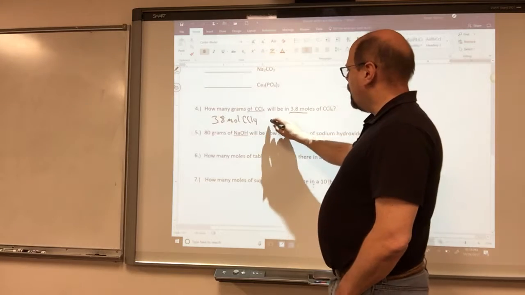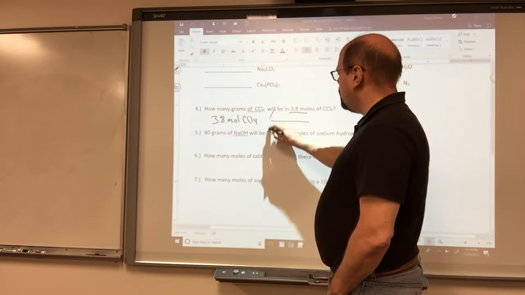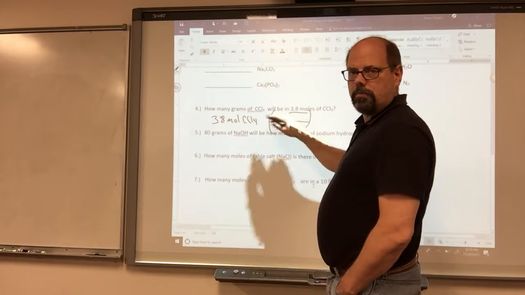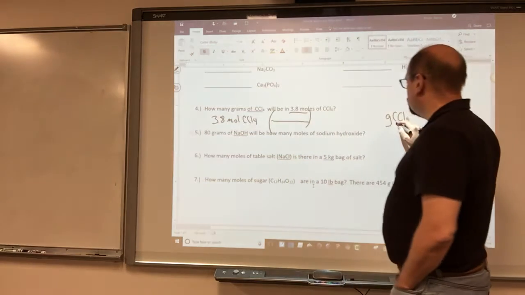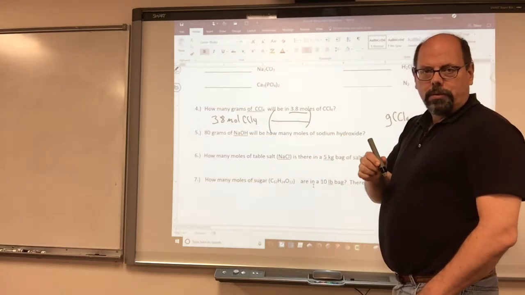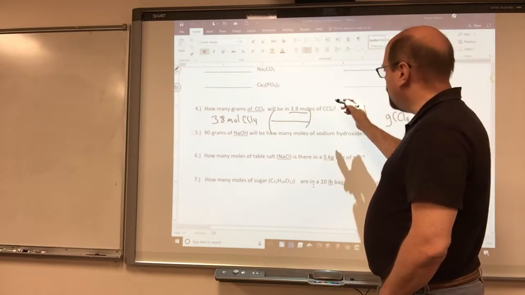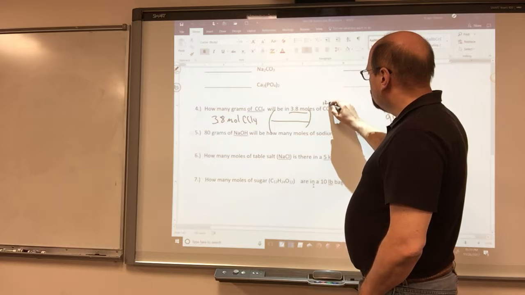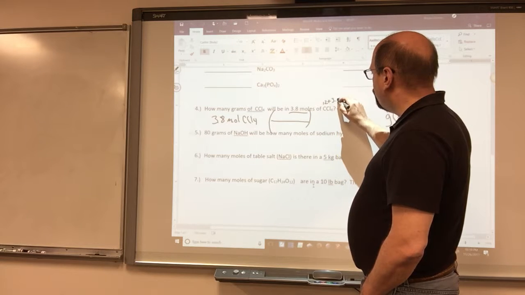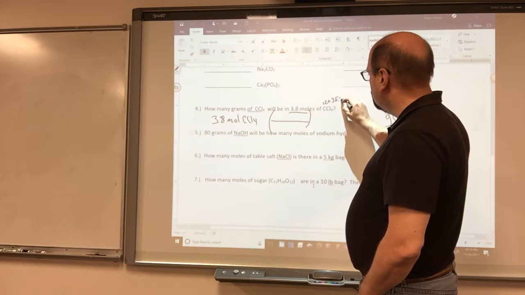Now I've got to set up a fraction that'll get between there. And that's usually just done with a fraction bar in parentheses. Grams of carbon tetrachloride. I have to remember what the masses are, all of these masses. Sometimes I'll write it right across the top here to help me out, because that's 12 plus each chlorine is 35.45, sorry.